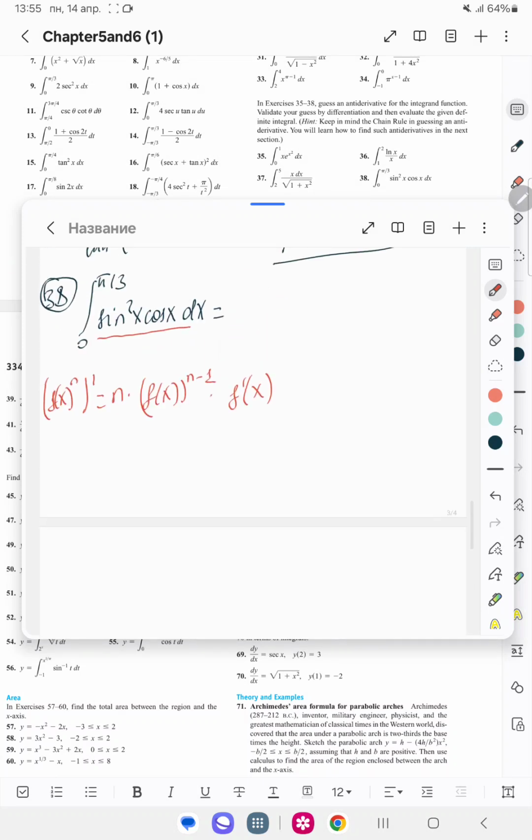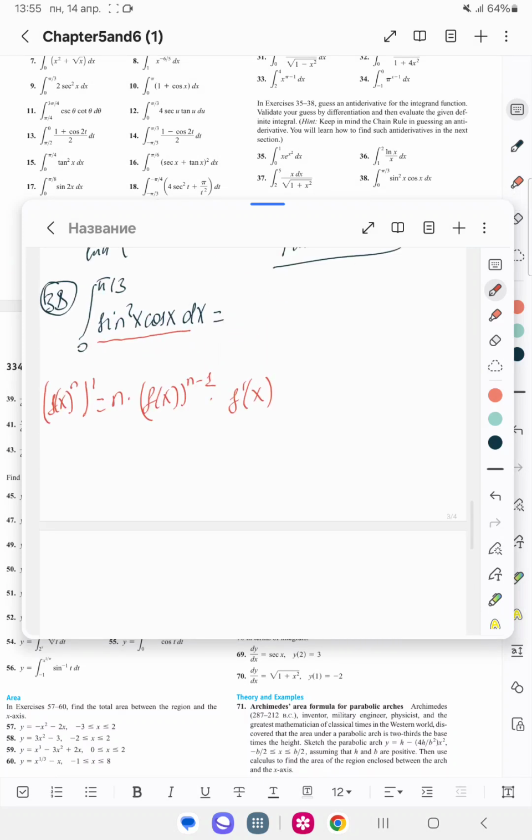Now we have something like this, meaning f of x is such a function that when we find its derivative it will be cosine.